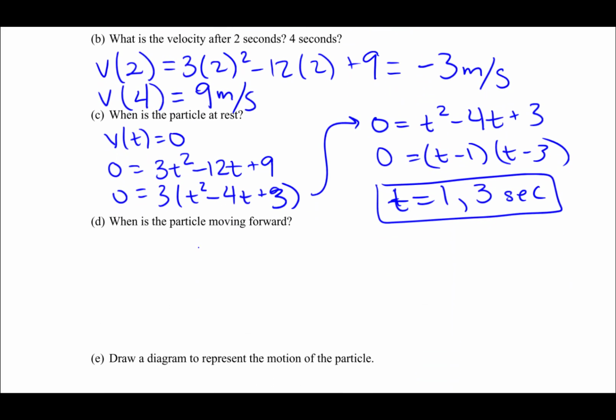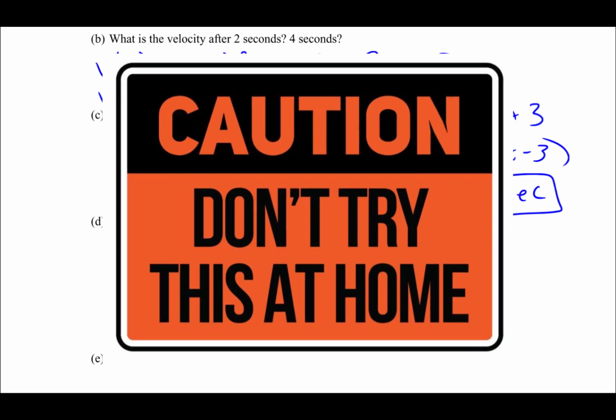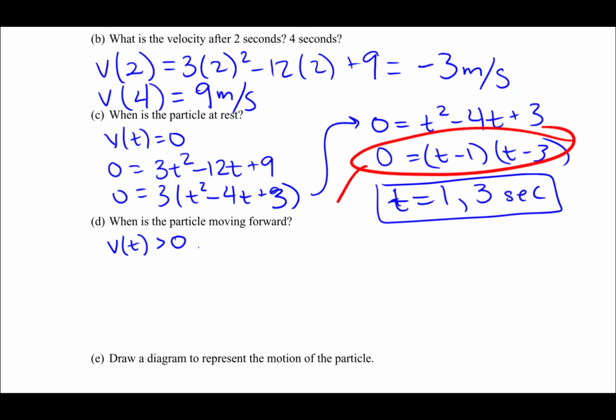Now for part D, we want to figure out when the particle is moving forward. Remember that velocity, unlike speed, includes direction. So if we are moving forward, that means we want the velocity to be positive. Now it might be tempting to take our previously factored expression and set each factor greater than 0.